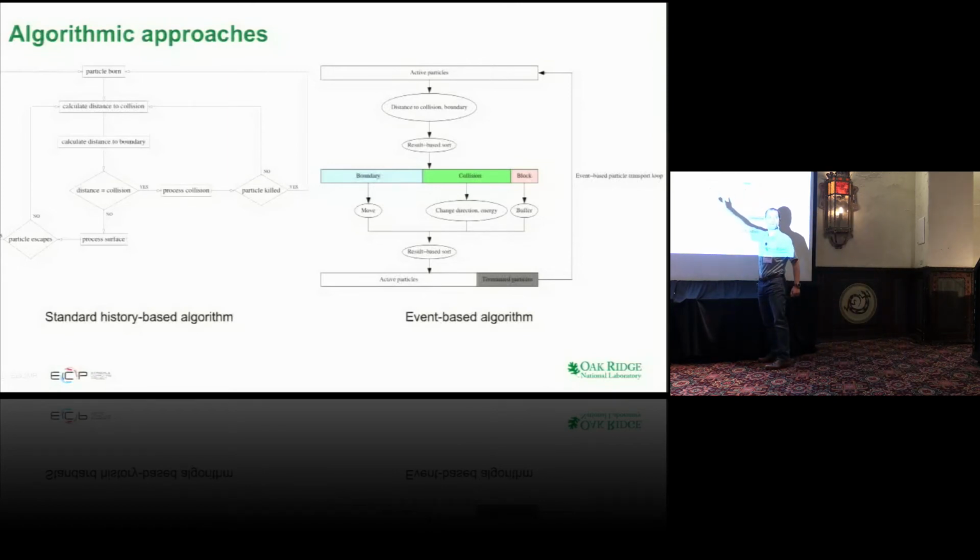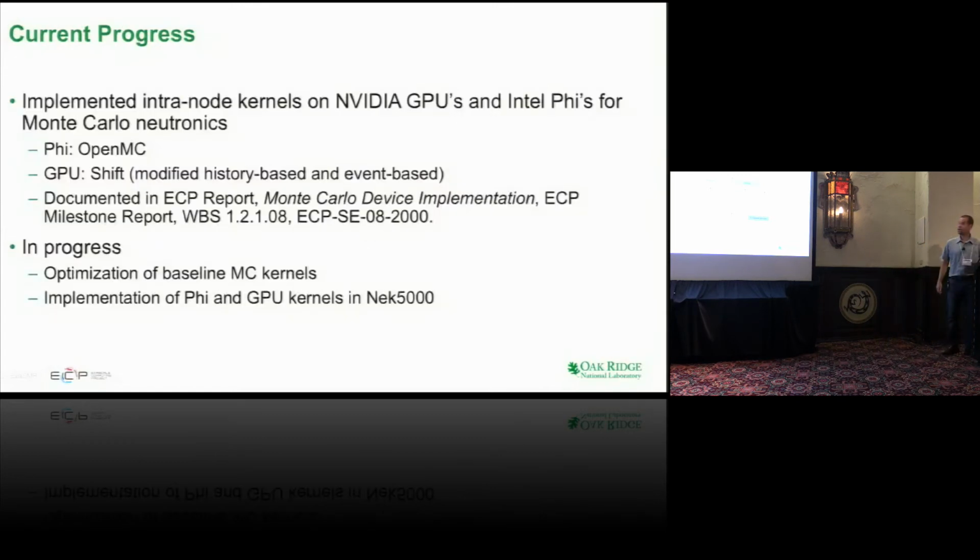I'm going to have a group of particles that are going to go to boundary, a group that's going to go to collision, and a group that may end up going off node or something like that. Then I process that vector of boundary particles in a kernel. I process all those collisions. And now I have something that looks much more vectorizable.